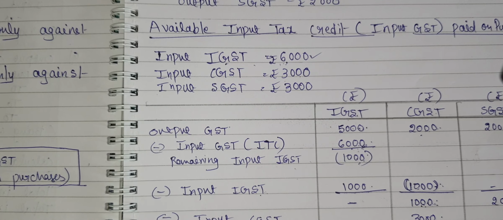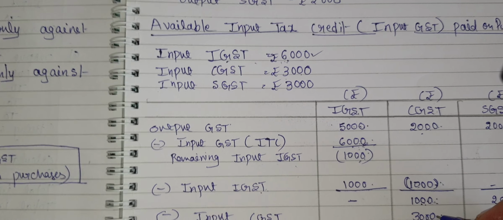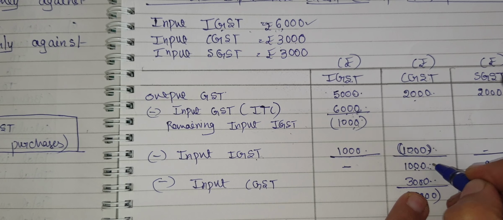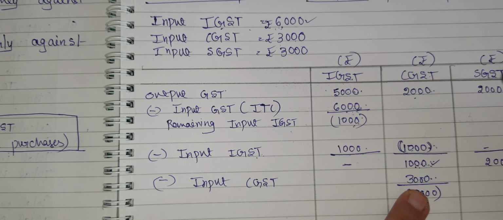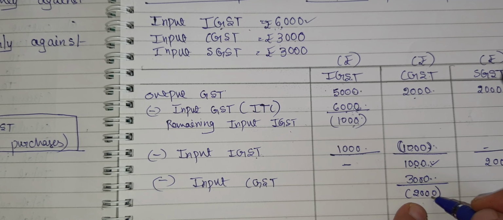Here we have paid rupees 3,000 on purchases and the output CGST is rupees 1,000, so the remaining input CGST is rupees 2,000.